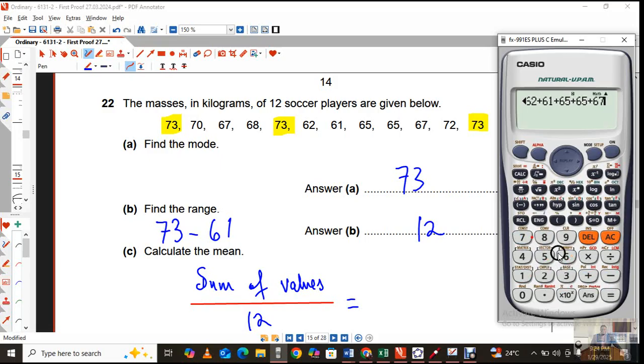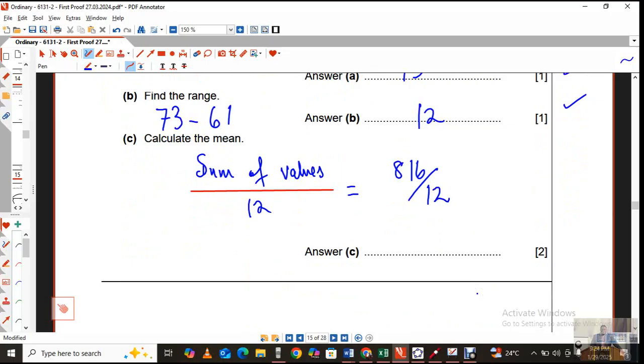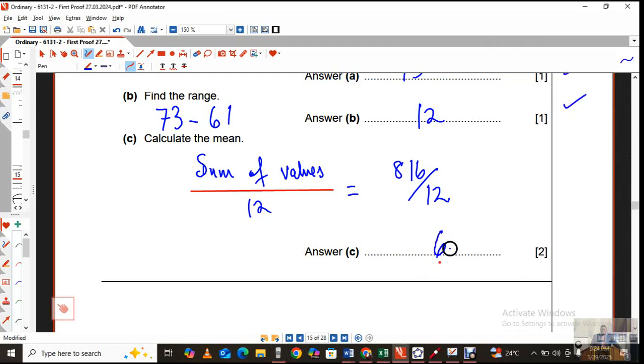Plus 67 plus 72. Good. 816. I feel better. 816. Divide by 12. So we take that answer and divide it by 12. Okay, 68. 68 is my mean. Done. Dusted.